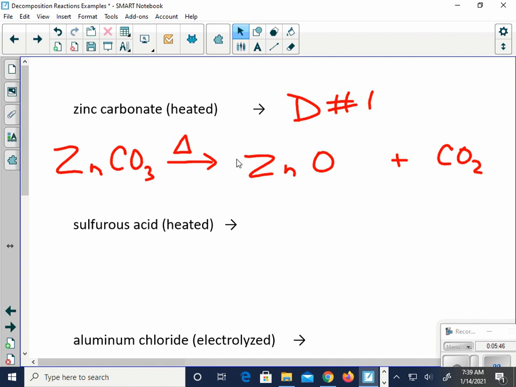Is this a balanced chemical equation? Yeah, it is. So I have now written the equation for the decomposition of zinc carbonate. Zinc carbonate, when heated, will give me zinc oxide and carbon dioxide.